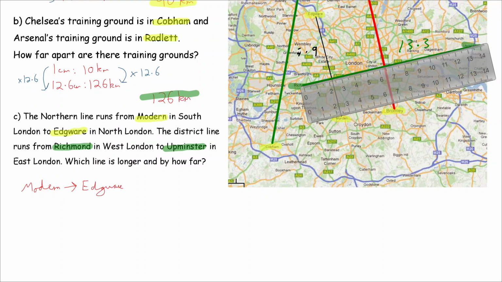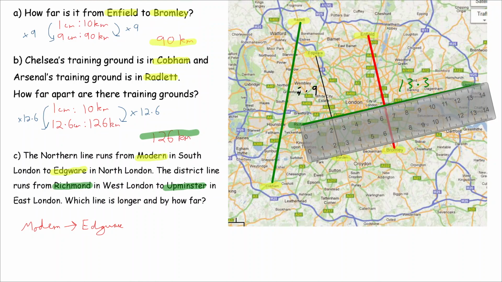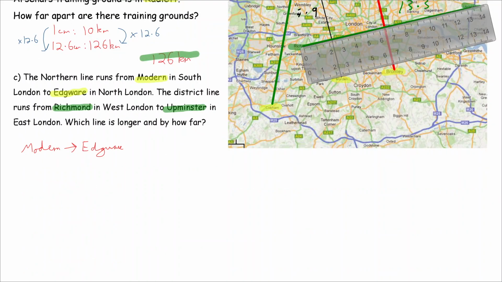We know that the map scale from previously is 1 centimetre is 10 kilometres. So 1 centimetre is the same thing as 10 kilometres. And we measured the distance there to be 7.9 up here. So we can say that 7.9 centimetres goes in here.